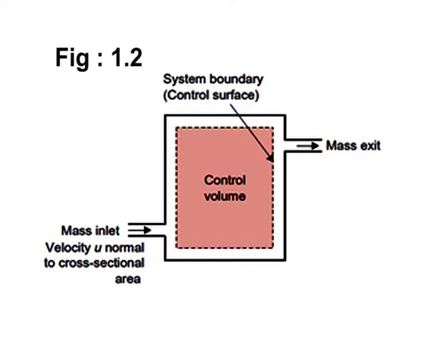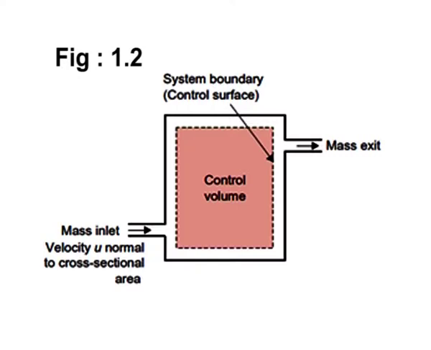To do this, we will refer to figure 1.2. The figure shows a system with mass inlet and exit streams. Although only one inlet and one exit stream is shown, there may be more than one stream entering and exiting a control volume.